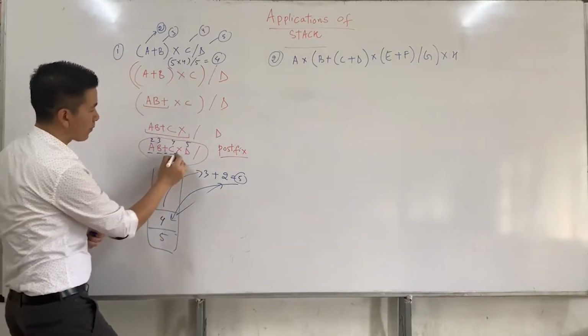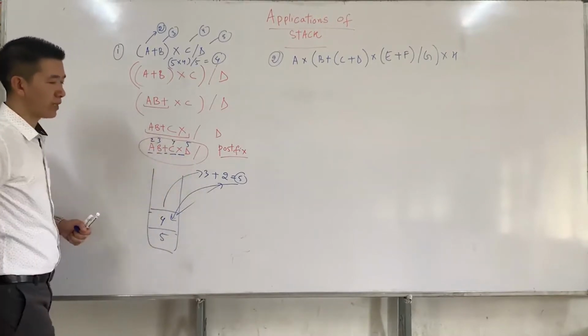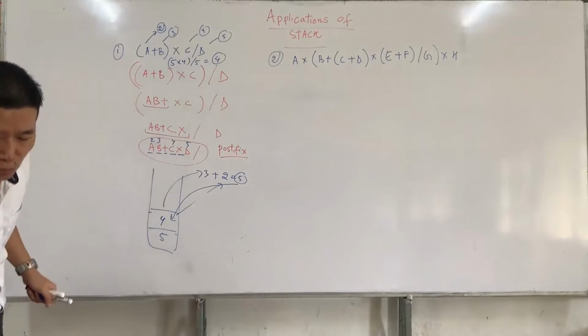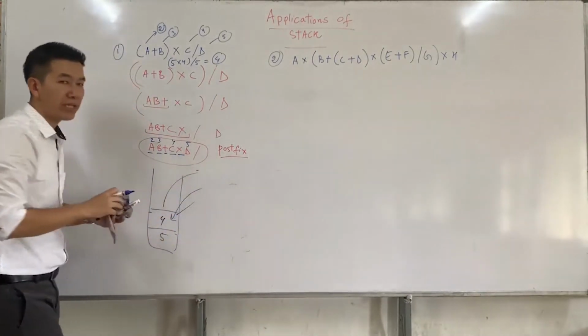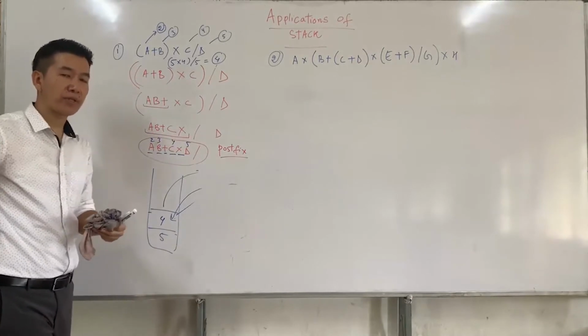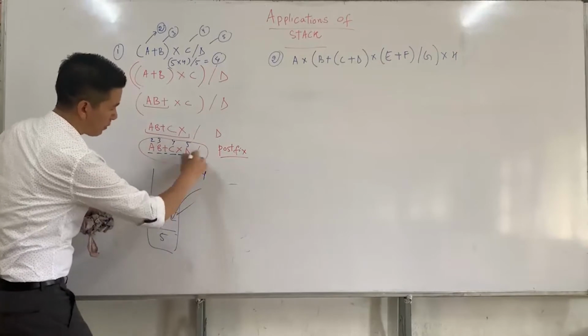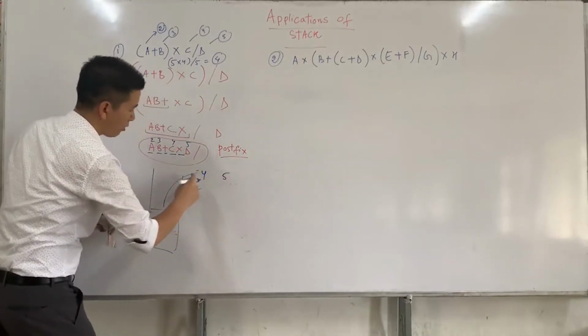Okay, and then you now have the next character as the operator. So the rule was, if it's an operator, then the latest operands need to be popped off. So this is how 4 will be popped first, and then 5 will also be popped.